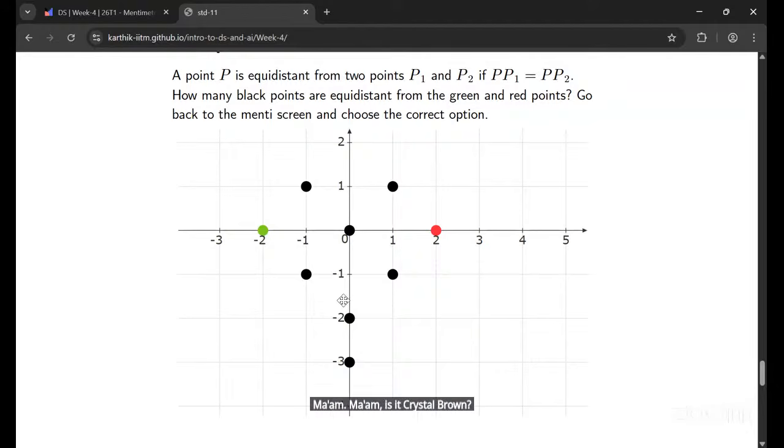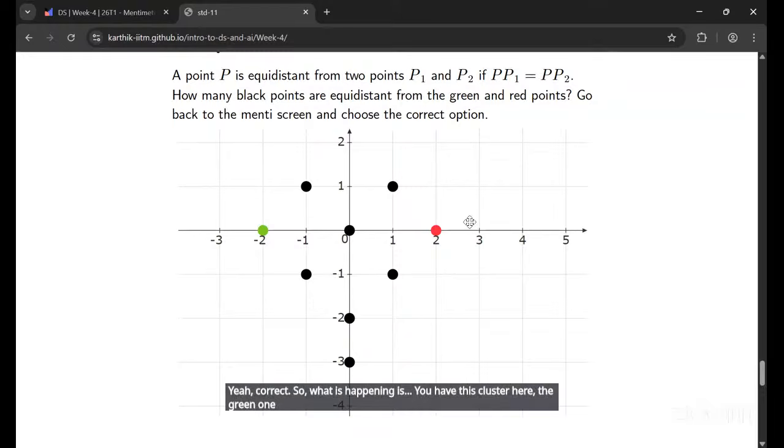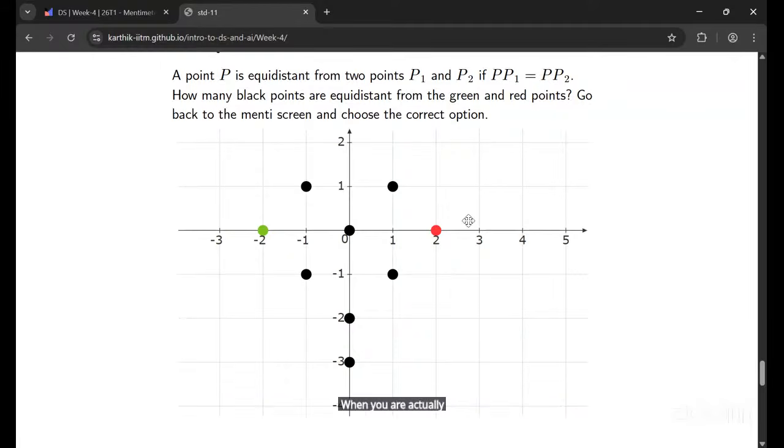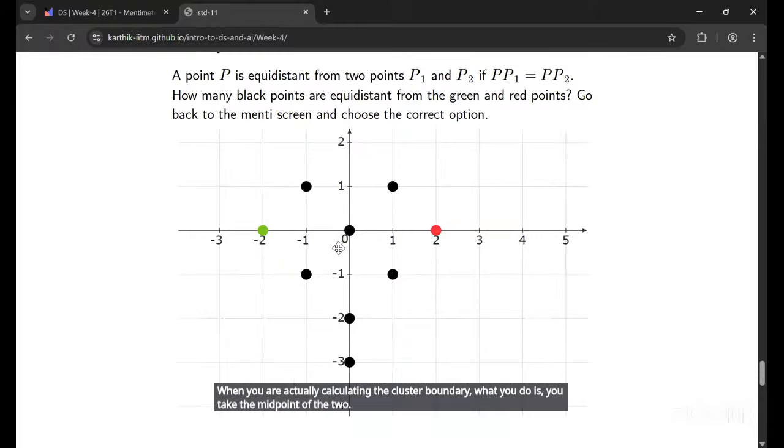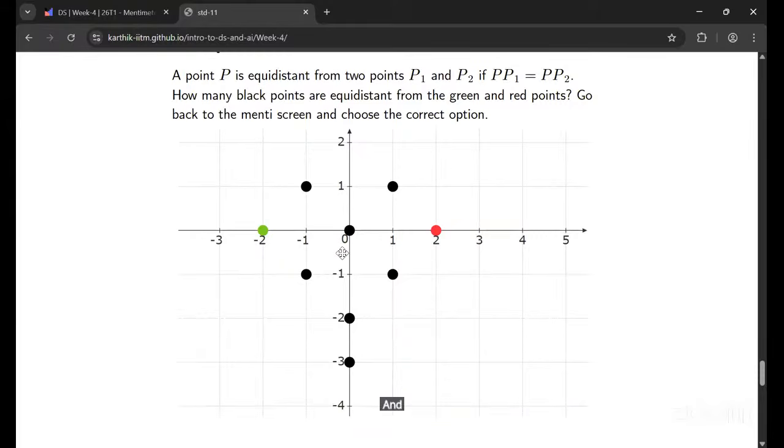Yeah, correct. So what is happening is you have this cluster here, the green one, and here you have the red cluster. When you are actually calculating the cluster boundary, what you do is you take the midpoint of the two and you just draw the boundary on the basis of that.